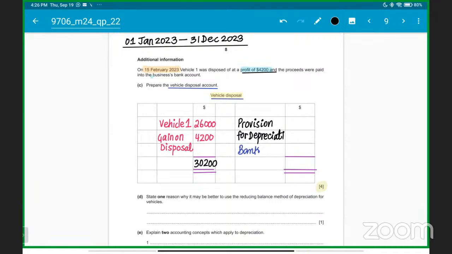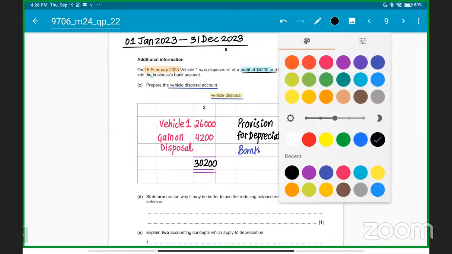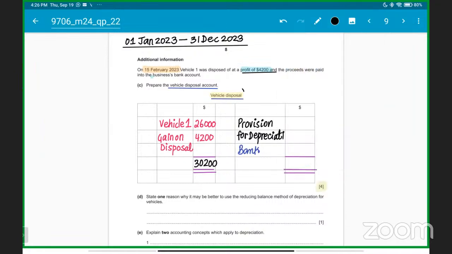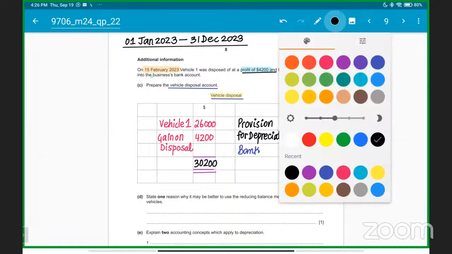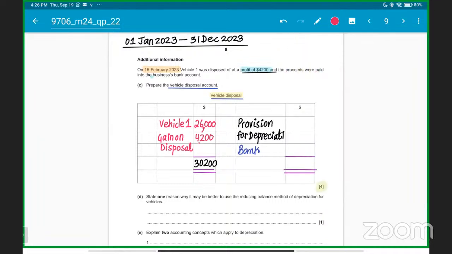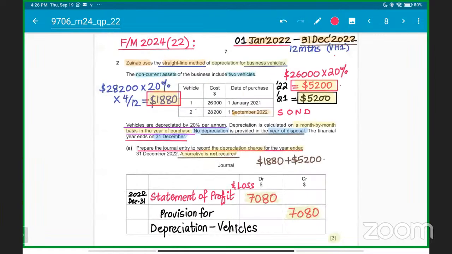Okay, and we need to understand that we have to find out the provision for depreciation. Make sure whatever vehicle you are disposing, the complete depreciation of that vehicle will be removed. So understand that vehicle number 1, we bought it on 1st January 2021.